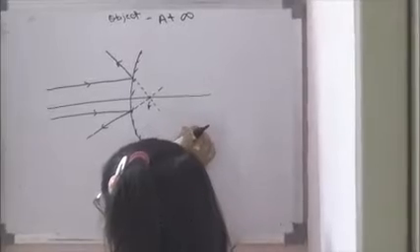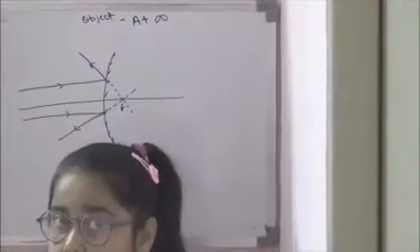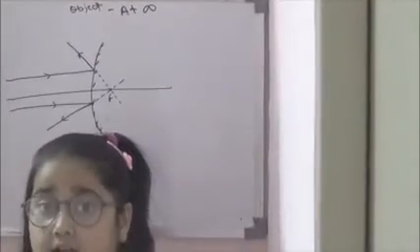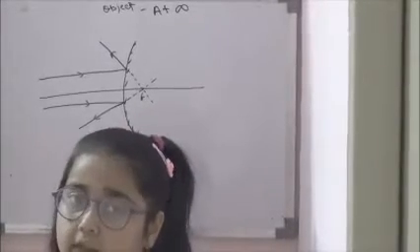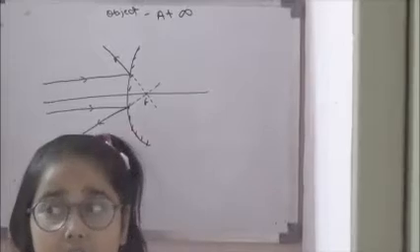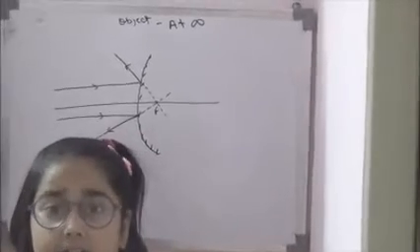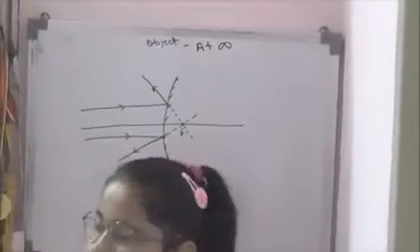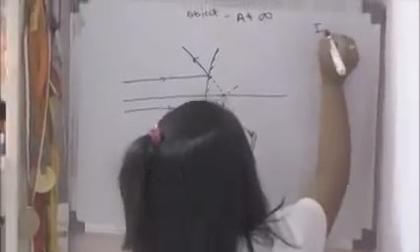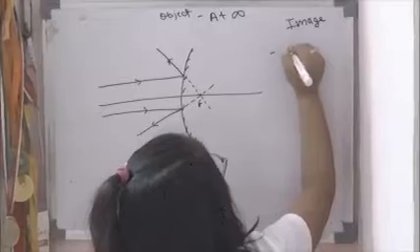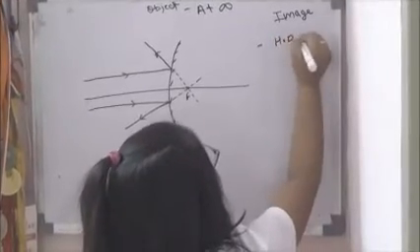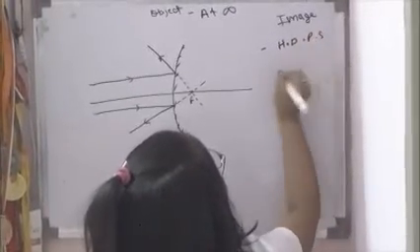So here, because they appear to meet at a point, and the point is the principal focus, the image formed is highly diminished and point sized.